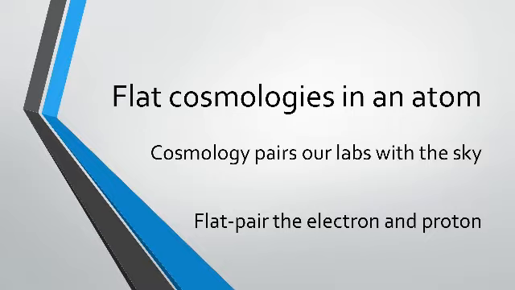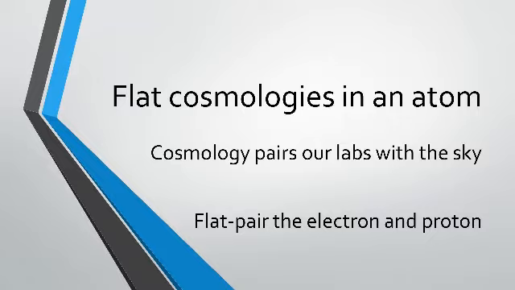So this is about the flat cosmologies in an atom. And there's an analog between the entire universe, where our cosmology is pairing our laboratories on Earth with the sky. Really, the analog in the atom is that each electron and proton are in a flat pair.